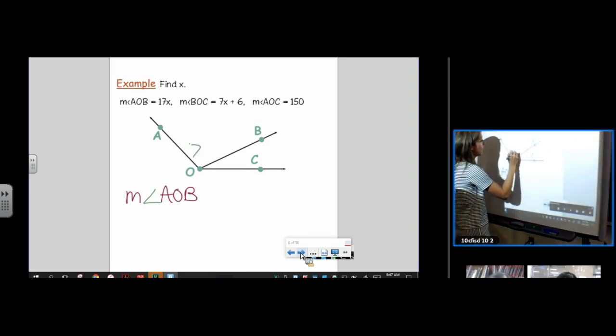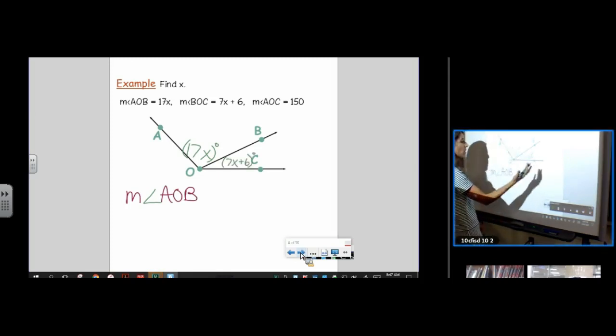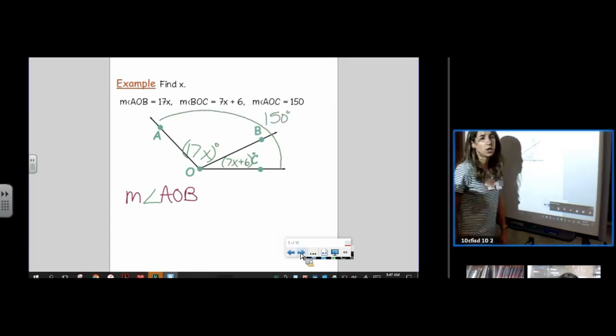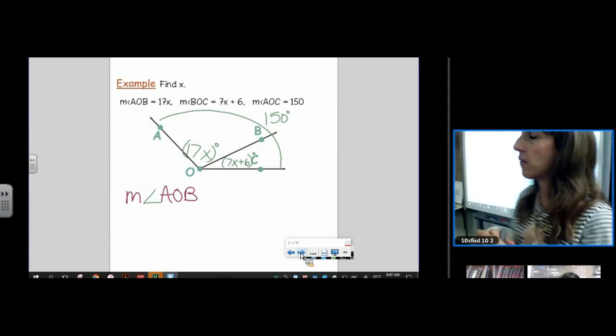When we know what the angle equals, you can put that measure inside the angle. And when there are multiple angles at a spot and I want to show that the whole thing equals a certain number of degrees, I put that big arc showing the whole angle equals 150.